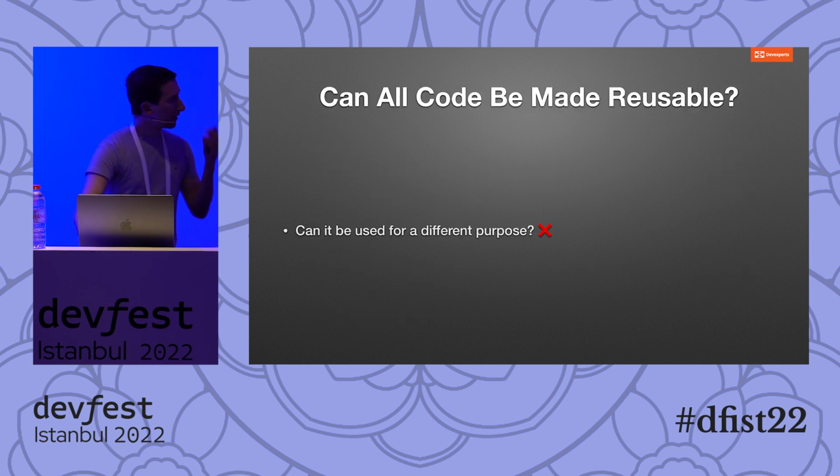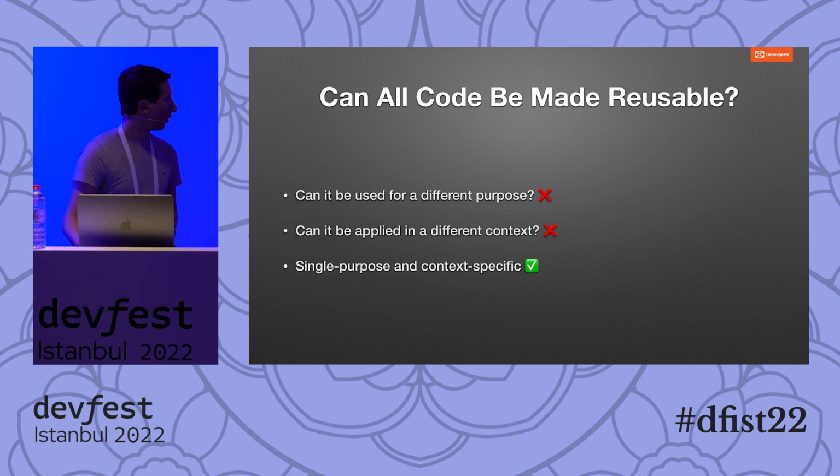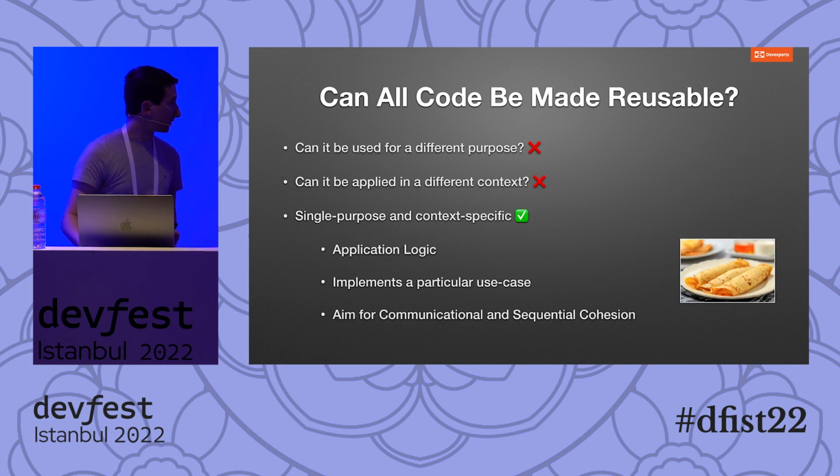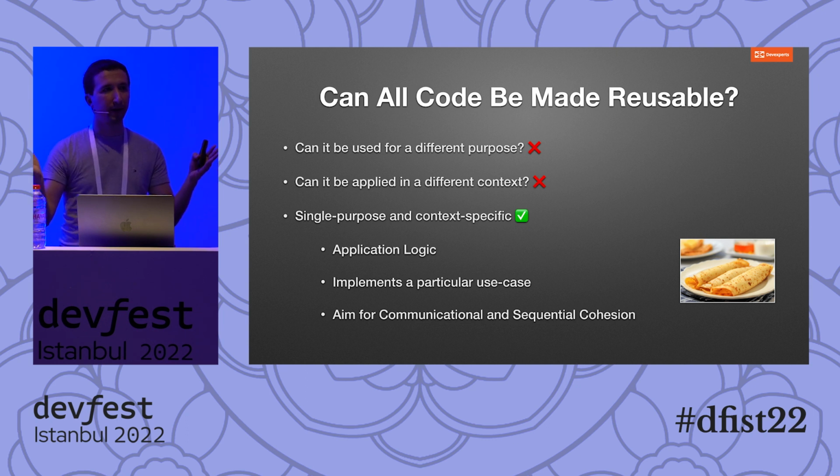But can all the code be made reusable in this way? In some cases, the answer might be no to both of these. So what do we do? We have some piece of code that is single purpose and the context is really specific, so we cannot make it reusable. We can call this application logic because most likely it implements a really specific use case.